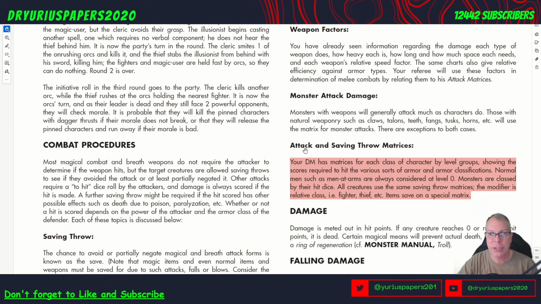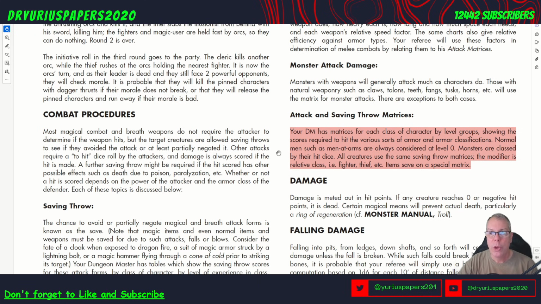Now, the next paragraph talks about character attack and saving throw matrices, that same table. Your DM has matrices for each class of character by level groups, showing the scores required to hit the various sorts of armor and armor classifications.